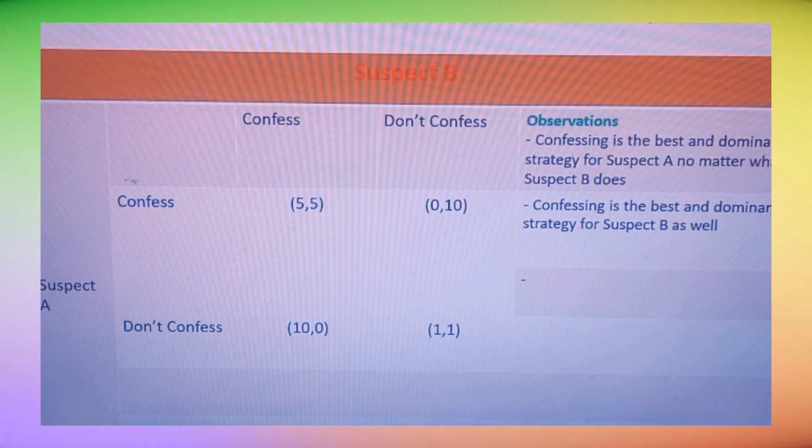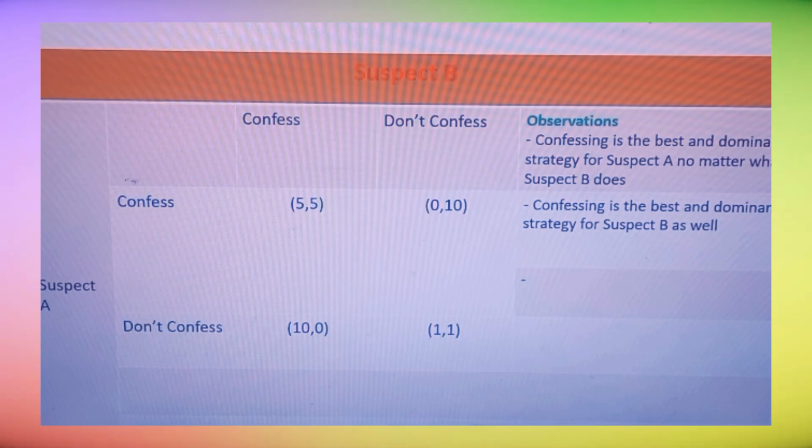Suppose suspect A confesses and suspect B doesn't confess. Suspect A will be freed, with 0 years of jailing, but suspect B has to go to jail for 10 years. The same is the case with B. The best outcome in this matrix, if they could cooperate, is not to confess, because the jail term is one year each.